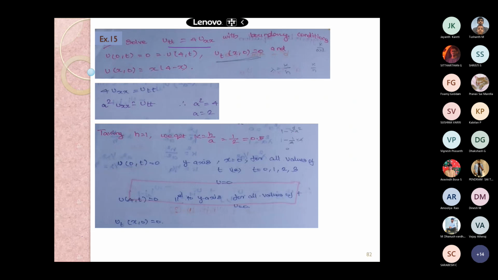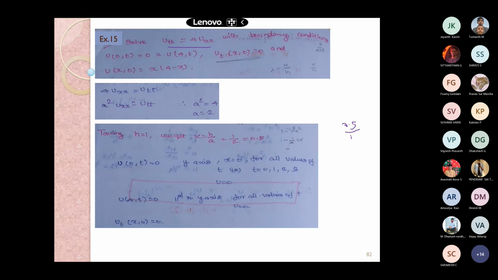We will first check whether 1 minus lambda square a square is getting 0. 1 minus lambda square, that is k divided by h is lambda square, right? k is 0.5 and h is 1, and with 0.5 taken as lambda, lambda square is taken as 1 by 4 and a square is also taken as 4.